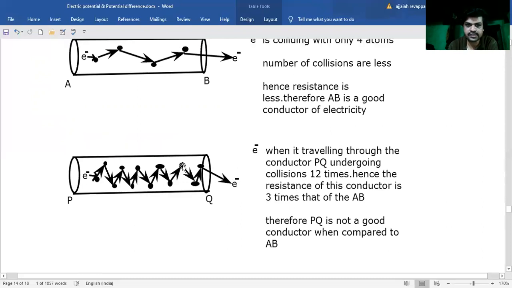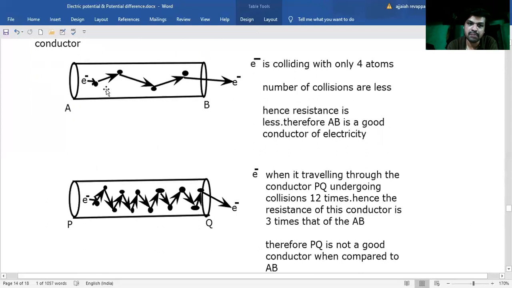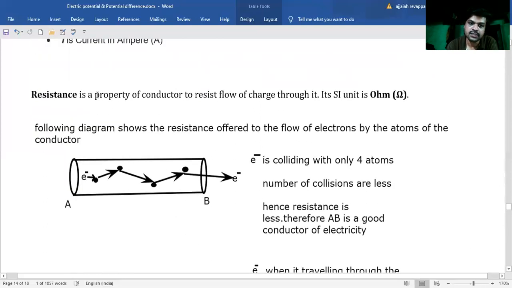So what is resistance? Resistance is a property of a conductor, whether it is a metal, alloy, or insulator. It is an intrinsic property. Every metal has opposition to the flow of electrons. Resistance is the property of a conductor to resist, that is oppose, the flow of charge, meaning electrons, through it.